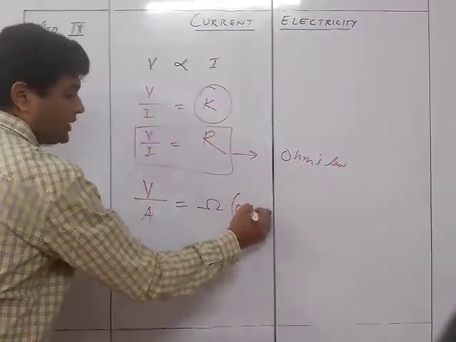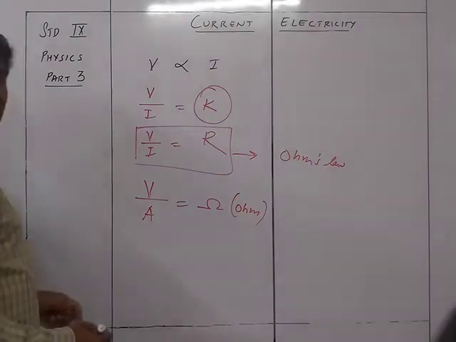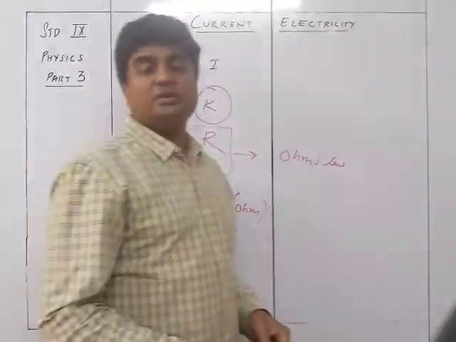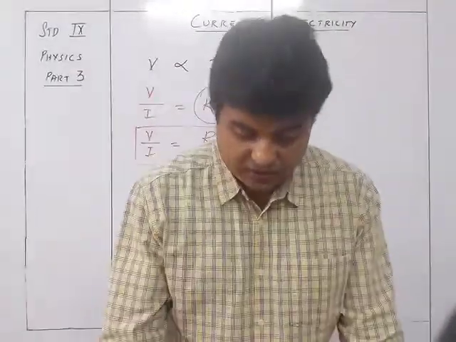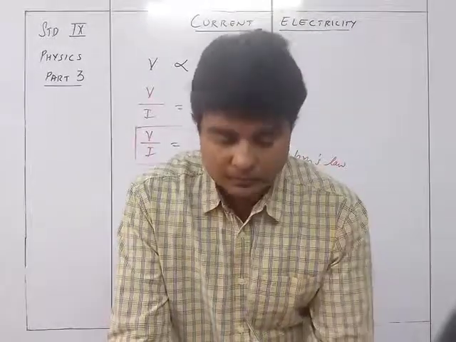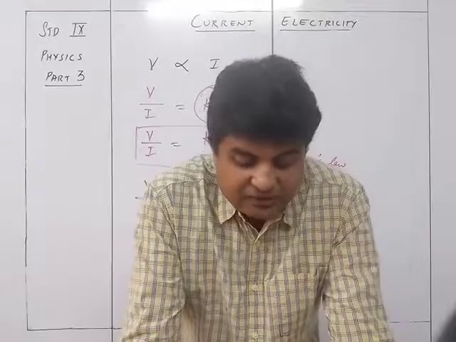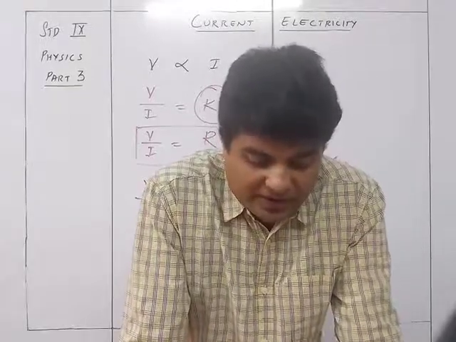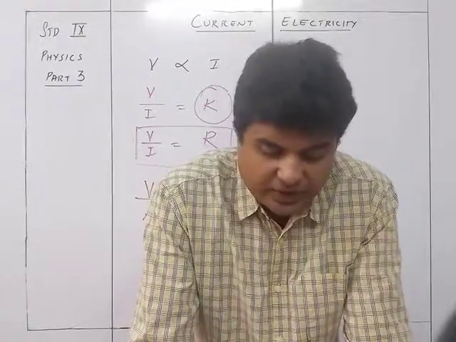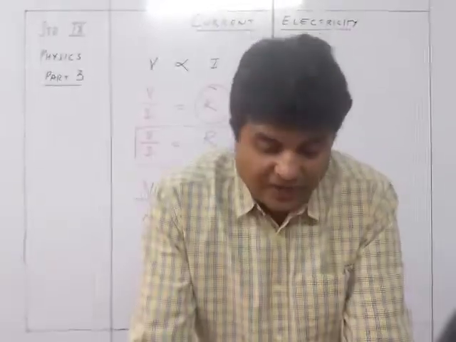Ohm, or omega, is the symbol of the unit of resistance. For the relationship R is equal to V upon I, the unit of resistance is the unit of potential difference upon the unit of current.